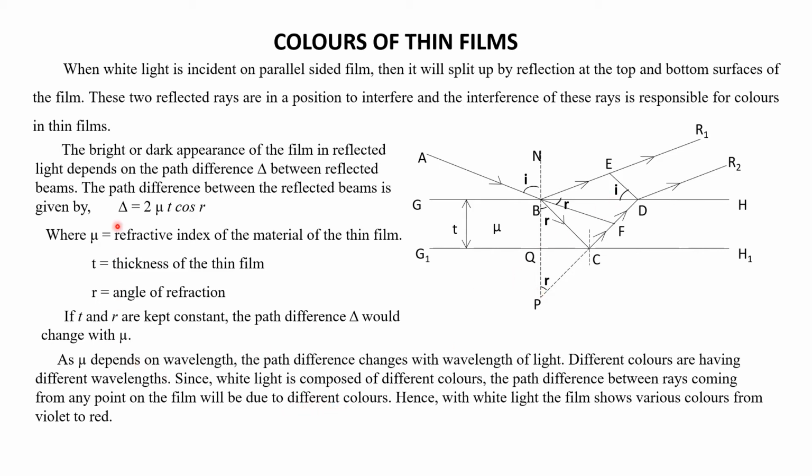Hence, as delta changes with refractive index mu and white light is composed of different colors, we see the colors in thin films due to the interference between these two reflected rays. So with white light, the film shows various colors from violet to red.